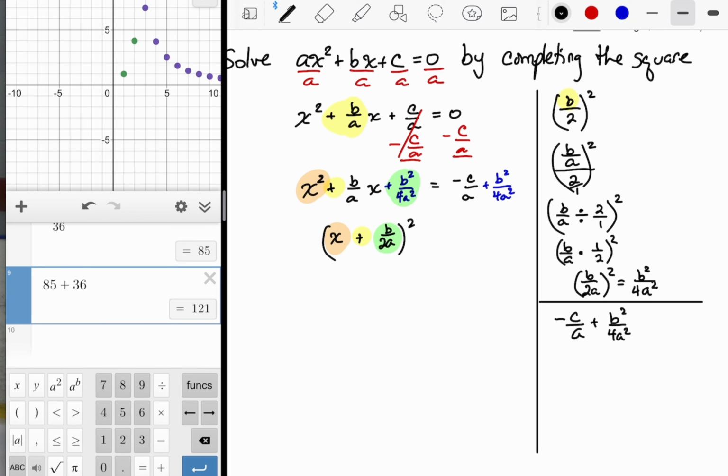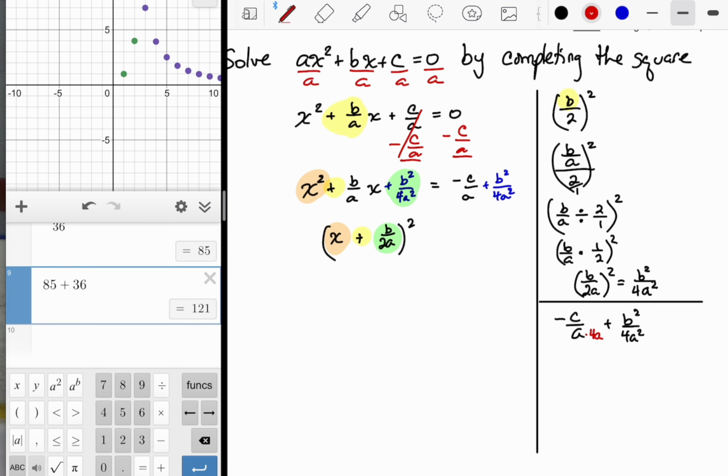When you're adding fractions, you need a common denominator. That 4a squared is the one with the most going on. I need the a to become a 4a squared, so I'm going to multiply the a in that first fraction by 4a.